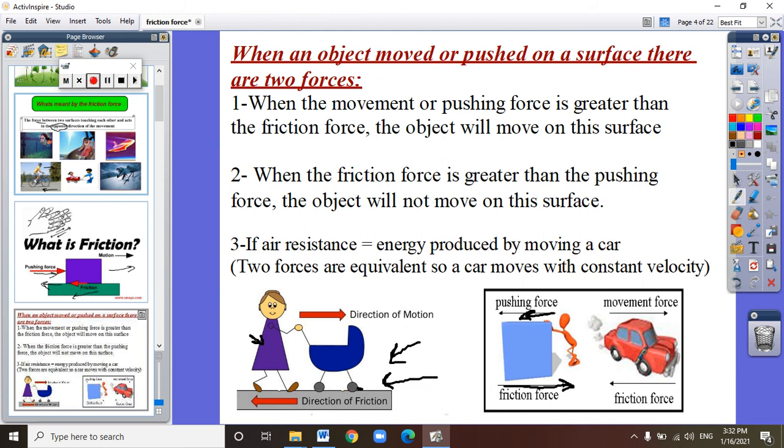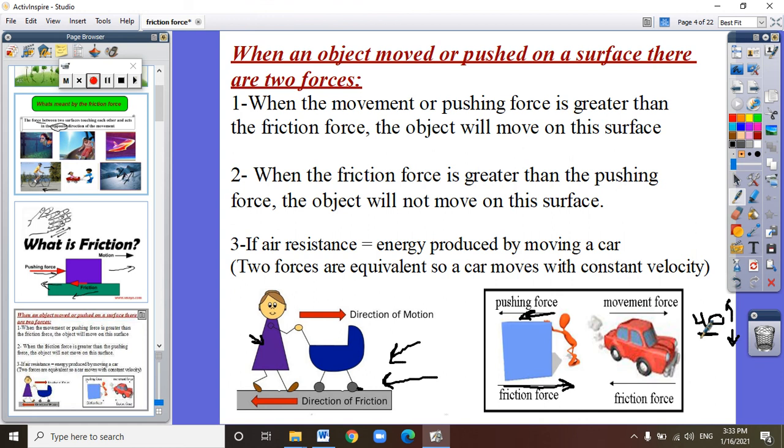When we're driving the car, what makes the car move at constant velocity or constant speed? What makes the speed of the car stay at 40, not increasing or decreasing, if your daddy is driving the car at a speed of 40?